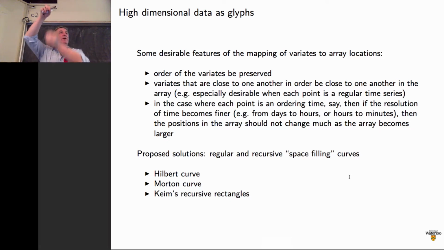Two coordinates that are beside each other in the vector, I'd like them to be beside each other in the array if I can help it. So I'd like to preserve the order. Imagine that this vector was a time series, where I want to preserve time. I'd like to go down this way and be able to find a nice path in the array where nearby time points were also nearby each other spatially in the array.